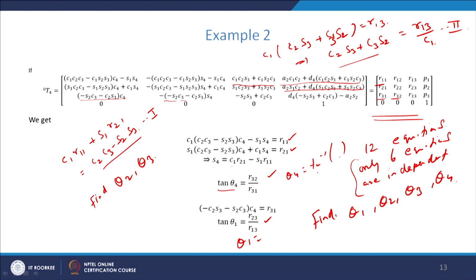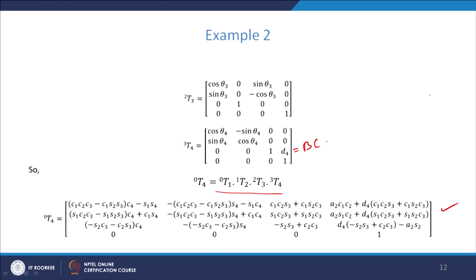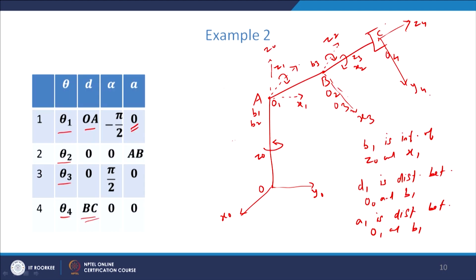The usefulness of the inverse kinematics is, as we already know, that if the position and orientation of the end effector is given with respect to the base of the manipulator, then by finding theta 1, theta 2, theta 3, theta 4 and adjusting the actuators according to the solution, we obtain the required end effector position.